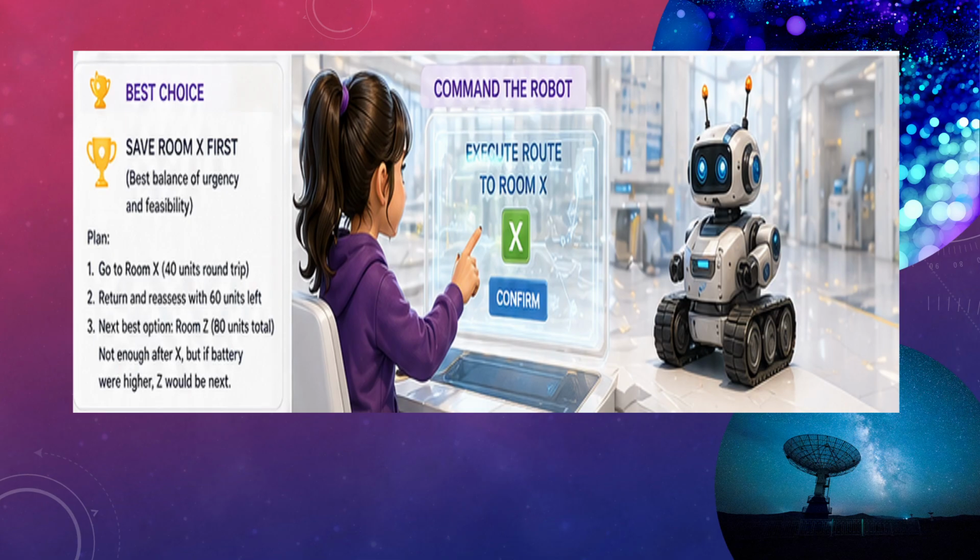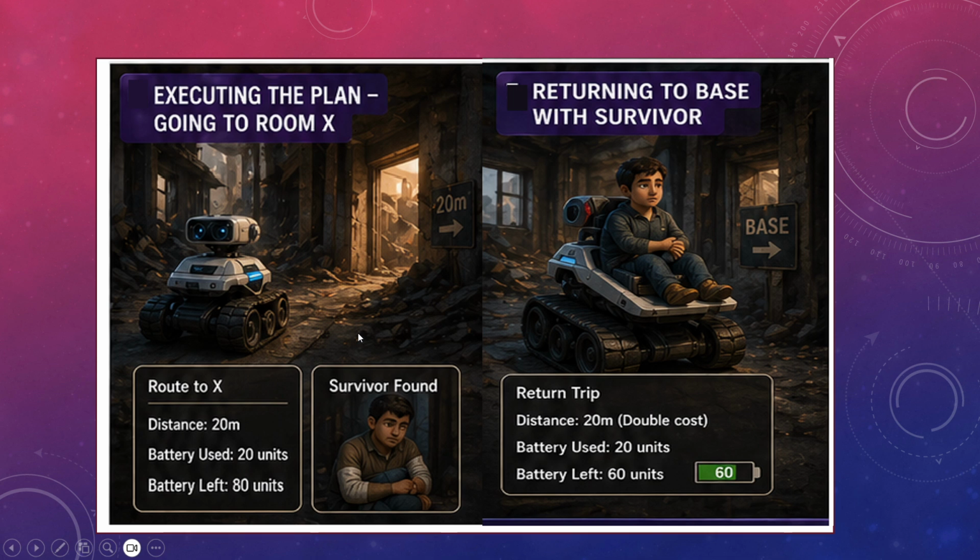We will give the command to the robot: go to room X, 40 units will be utilized for the round trip. It will return with the survivor and reassess with 60 units left. The next best option would be room Z, but we do not have enough battery. So this is the execution the robot would do.